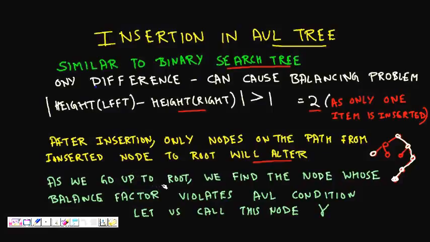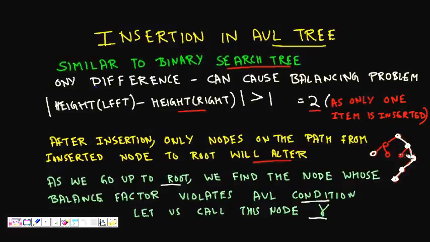As we go up towards the root, we note the deepest node whose balance factor has violated the AVL condition, and name it gamma. When we add this, the height of the left subtree has changed for this node, for this node the height of the right subtree has changed, and so on, also for the root.